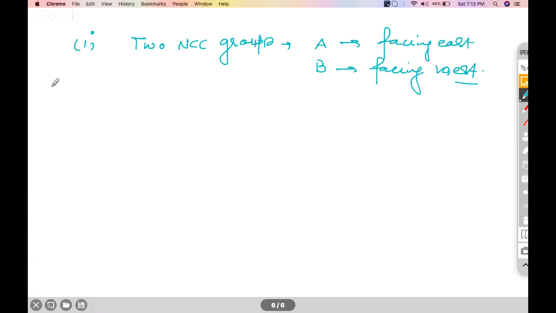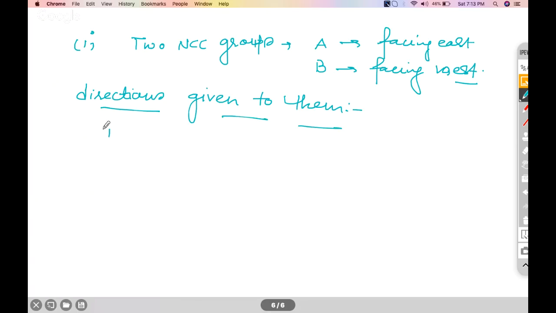Now, what are the directions given to them? The directions given to them are, please understand: the first direction is left turn.